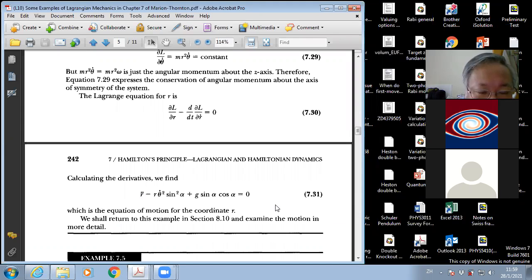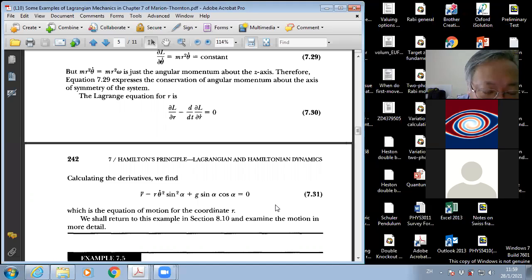We have 2 independent generalized coordinates in this case, and we have 2 Euler-Lagrange equations of motion, which are coupled together in general, all right?